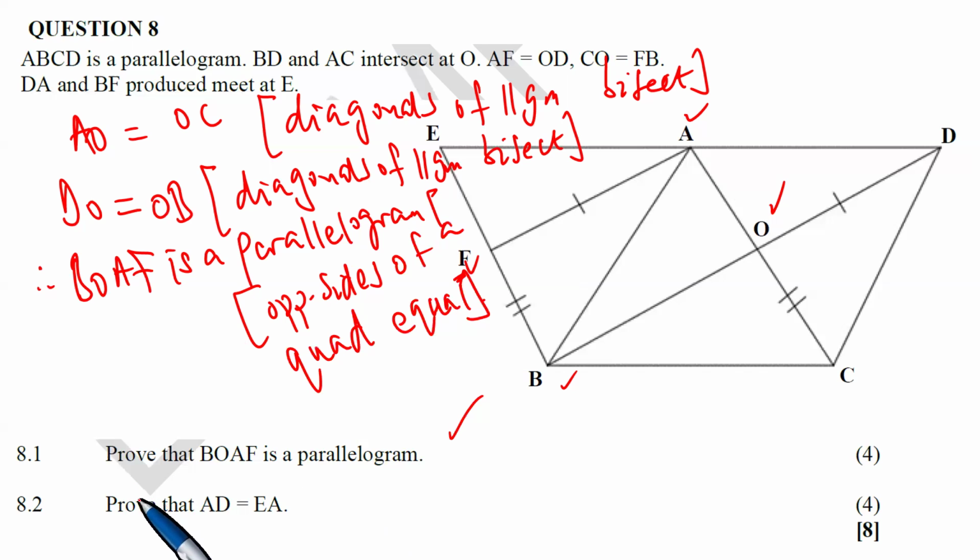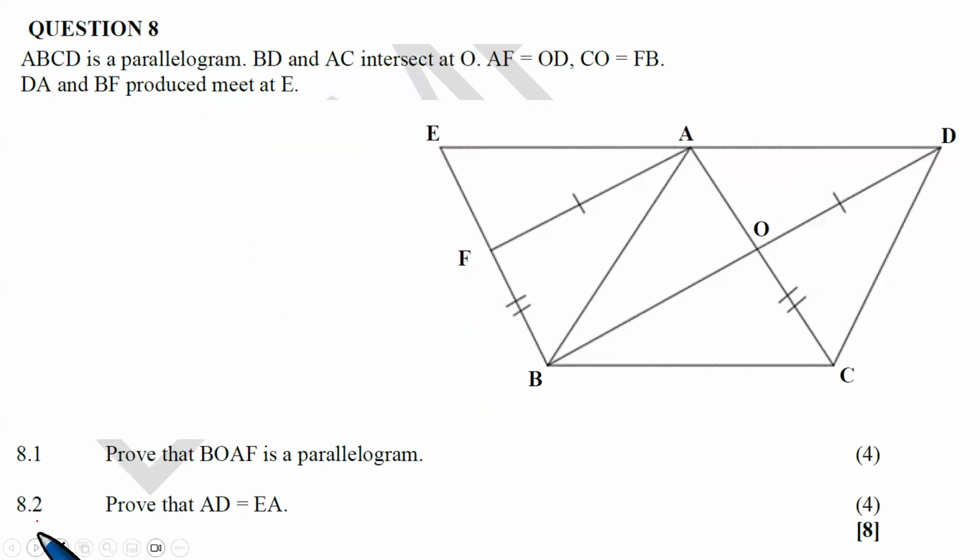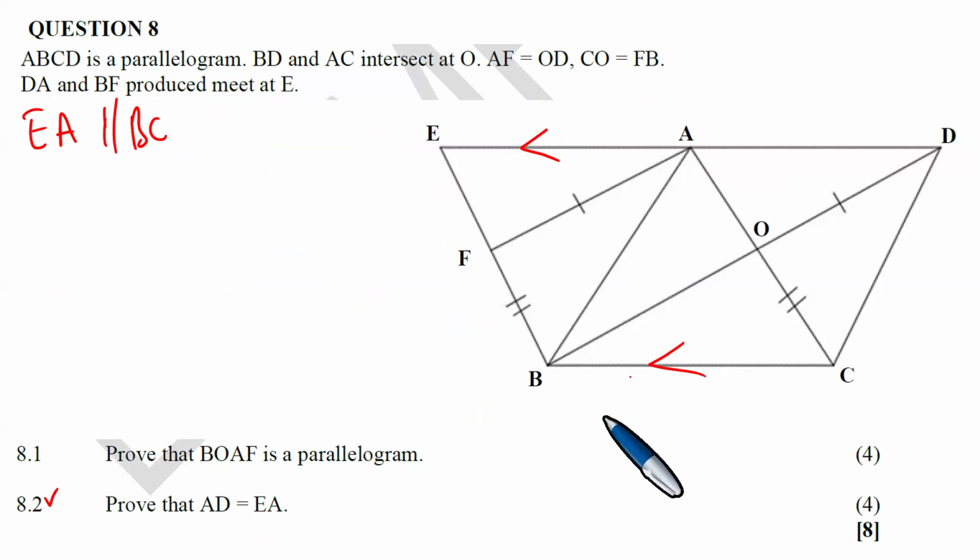Next. 8.2, we want to prove that AD equals EA. To prove that AD equals EA, we can start by saying EA is parallel to BC. Why is EA parallel to BC?